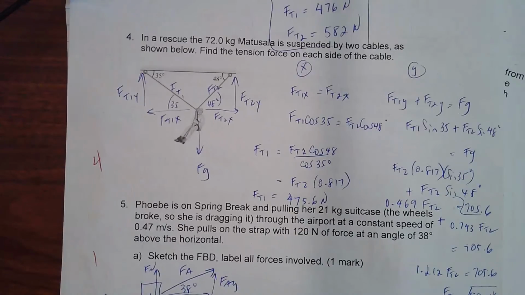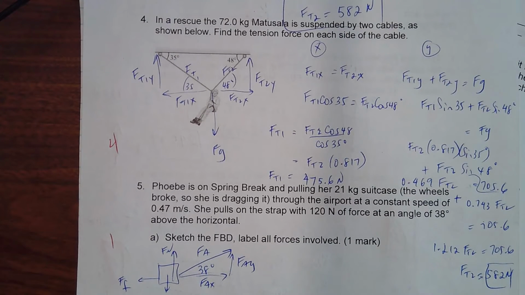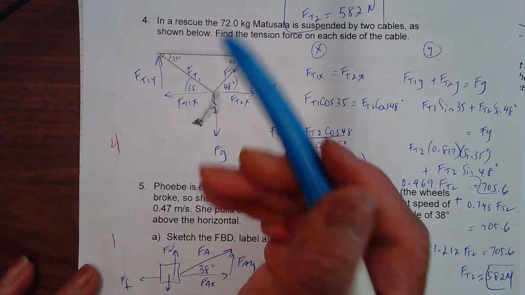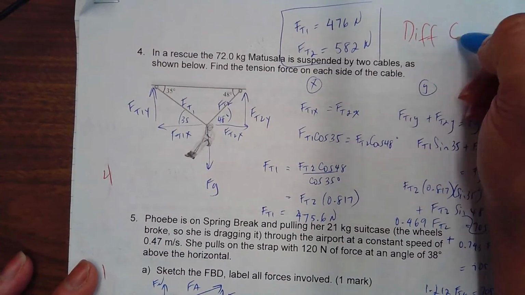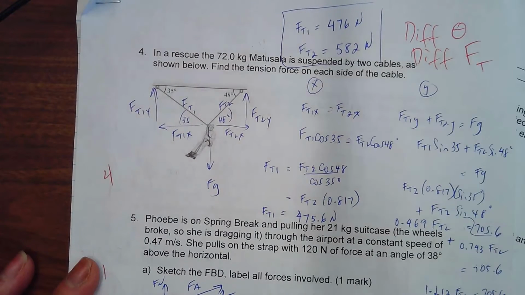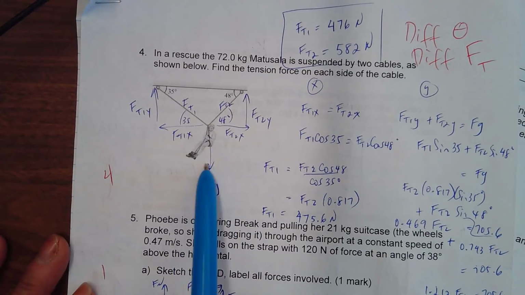Number 4 is almost exactly the same thing. So you're finding the tension force on each side of the cable. So this guy here, again, the angles are different. So different angles, you'll have different tension. That makes sense, right? So you actually can't say that the FG is divided by 2.